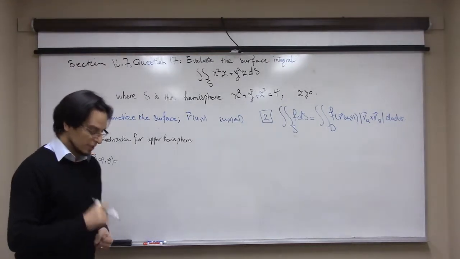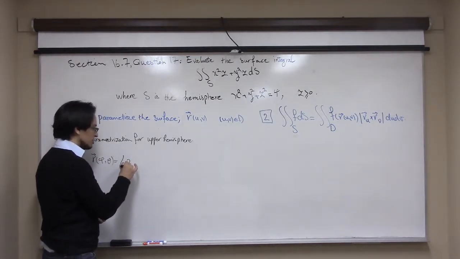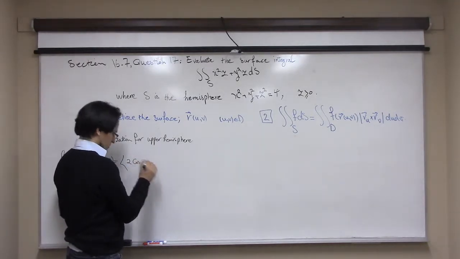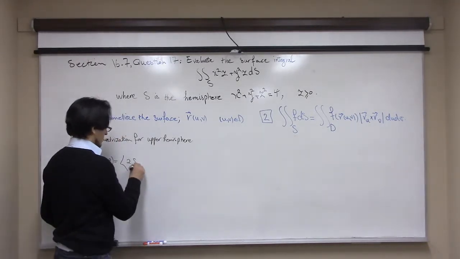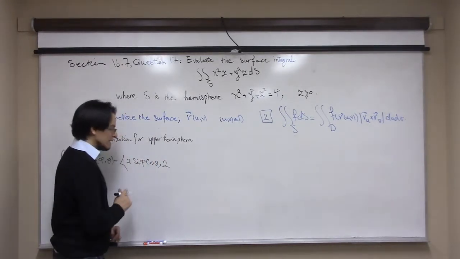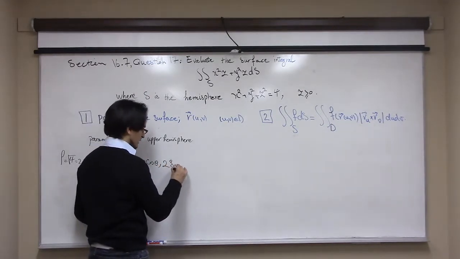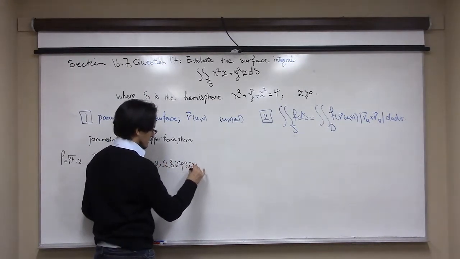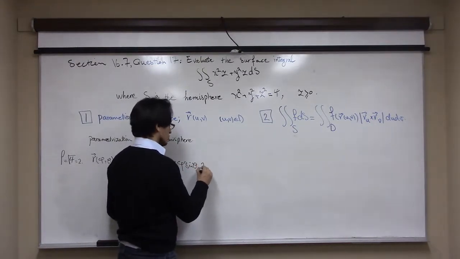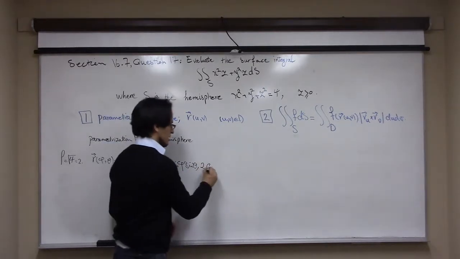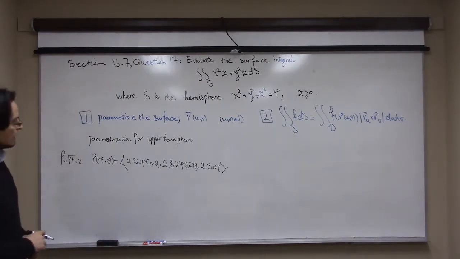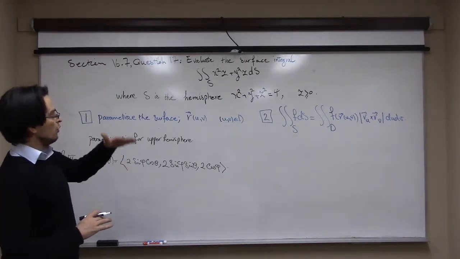Then in spherical coordinates, you have to remember that x is given by rho sine phi cosine theta. Y is given by 2 sine phi sine theta, and z is going to be equal to rho times cosine phi. Okay, so that will give a parameterization for the sphere.